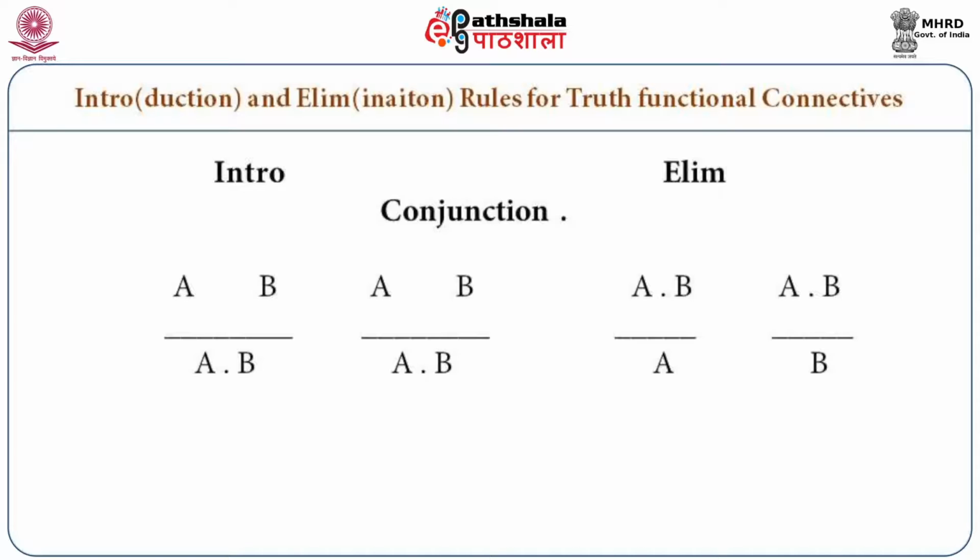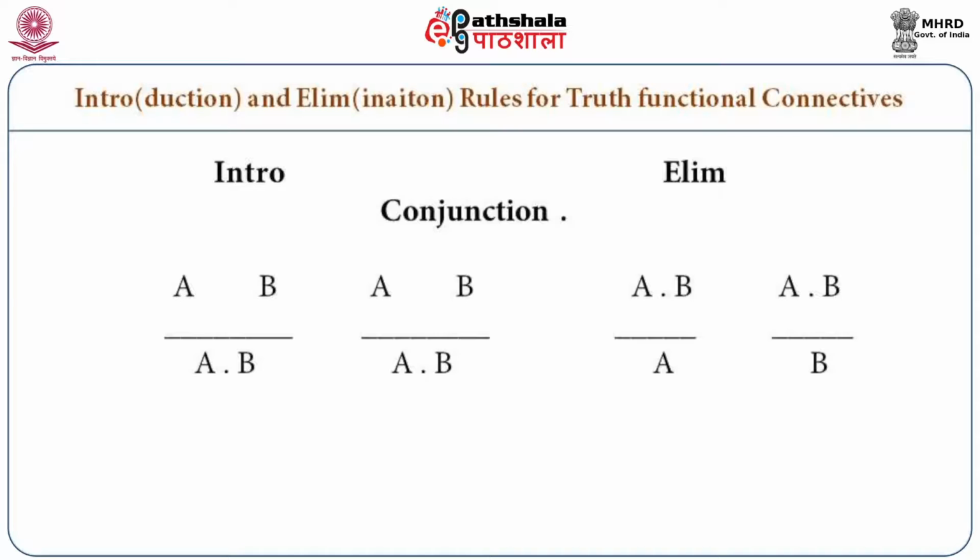That is, given a conjunctive sentence A and B, we can infer one of the conjuncts, A, or the other conjunct, which is B.